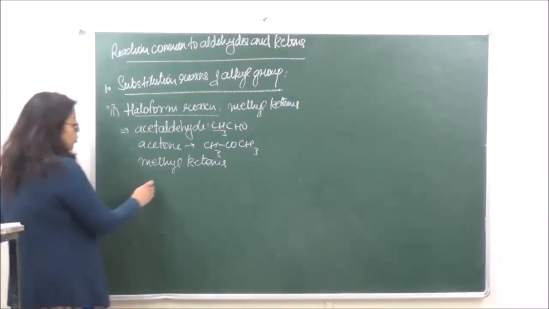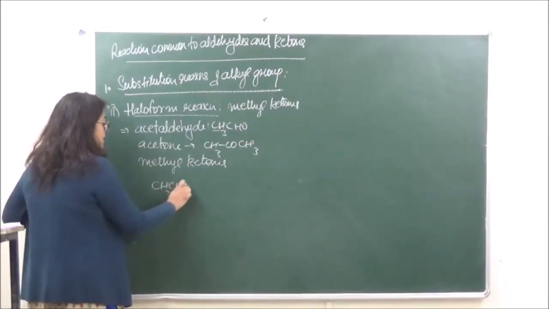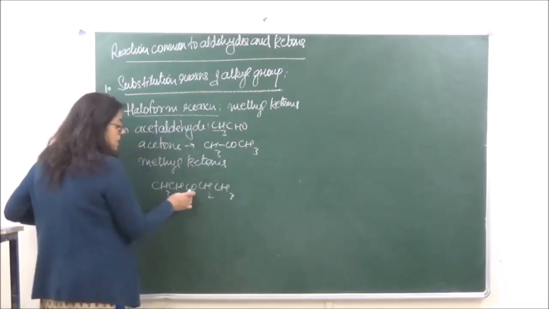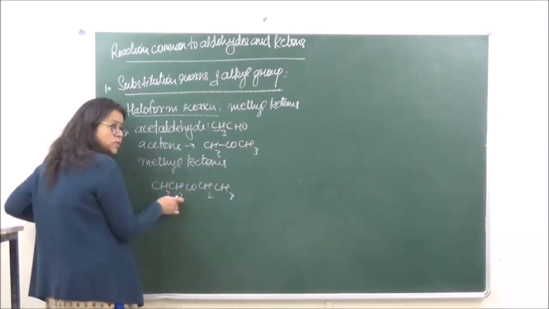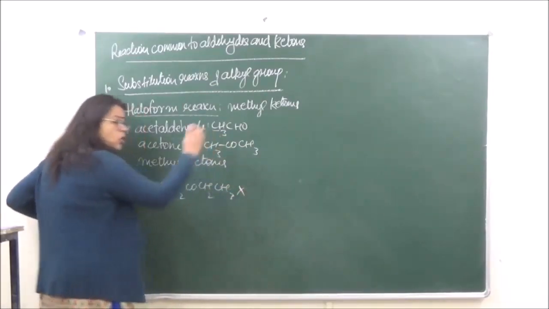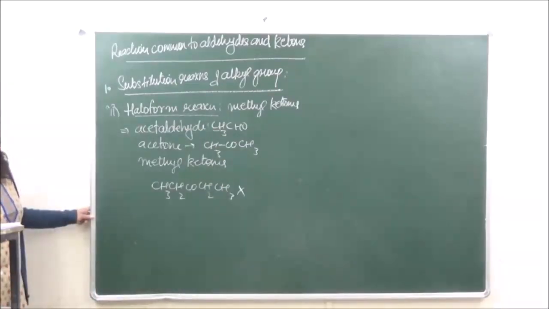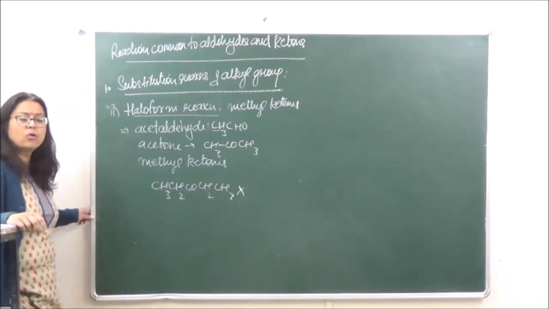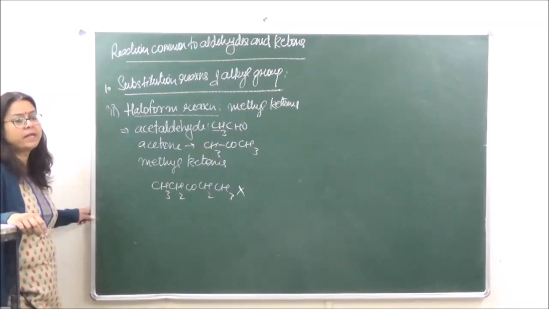So suppose we have CH3CH2COCH2CH3. You can see that with CO there is no CH3 group present. This is not going to give the haloform test. This is one very typical kind of question which comes in your competitions: which of the following will give the haloform test?